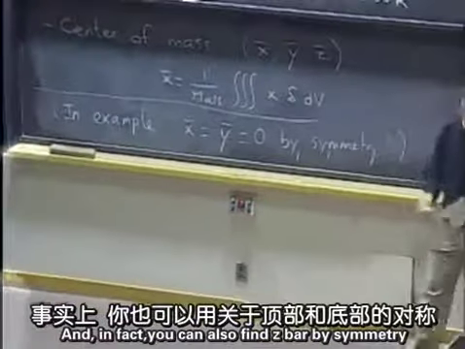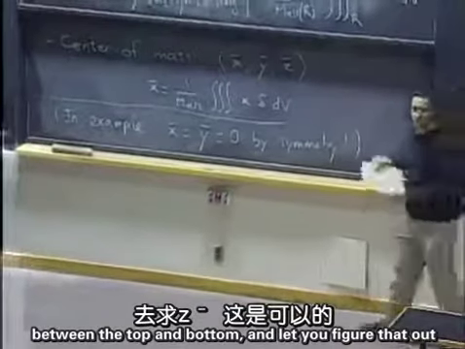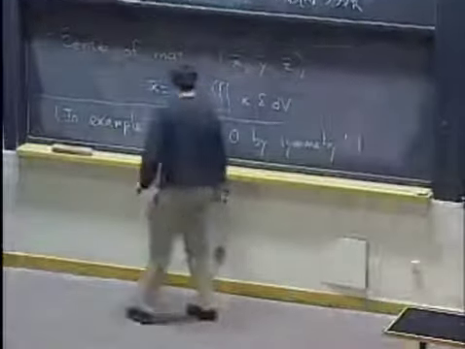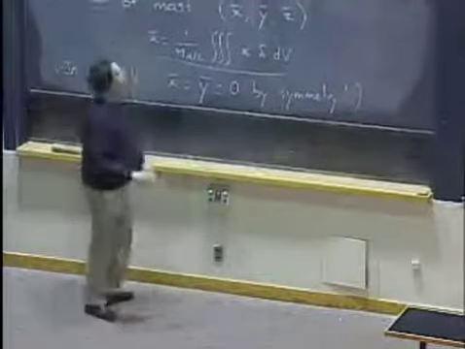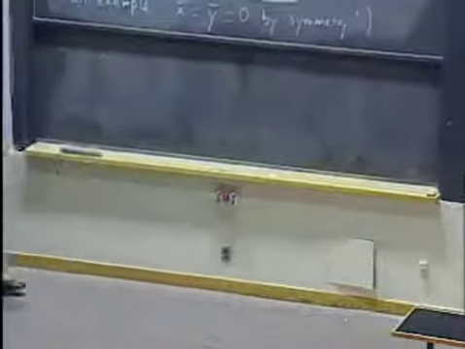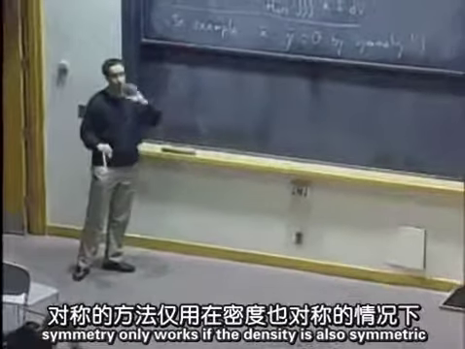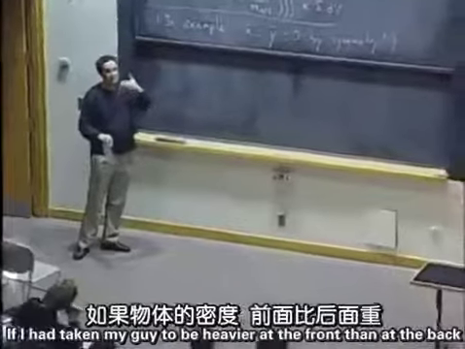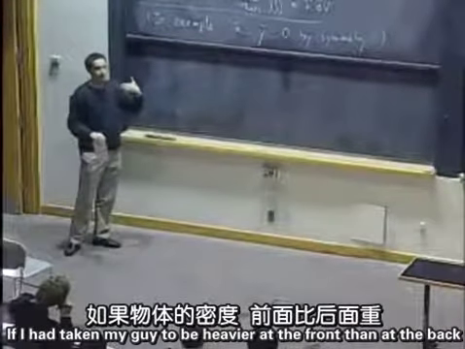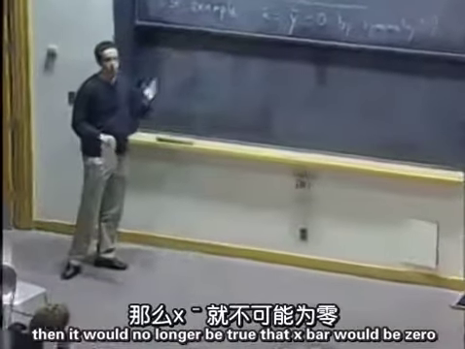And in fact, you could also find z bar by symmetry between the top and bottom. I'll let you figure that out. Of course, symmetry only works if the density is also symmetric. If I had taken my guy to be heavier at the front than at the back, then it would no longer be true that x bar would be 0.